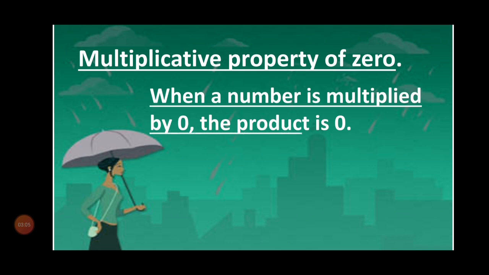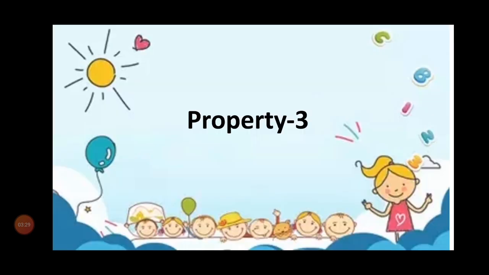For example, 890 into 0 is equal to 0. For example, 4 into 5 into 6 into 0 is equal to 0. So however many numbers you multiply by 0, we will get 0 as the answer. And next, we are going to study property 3.